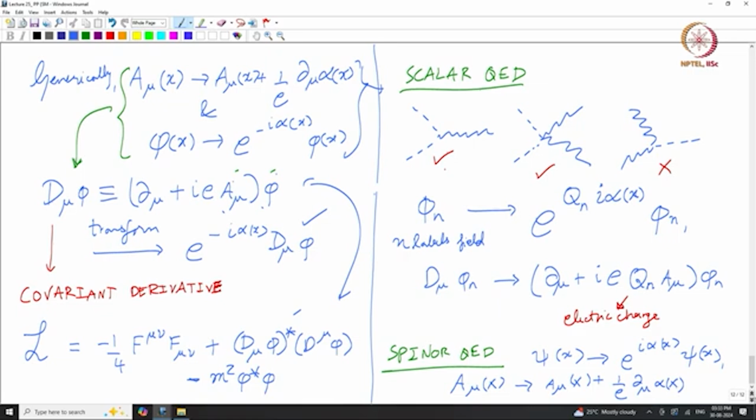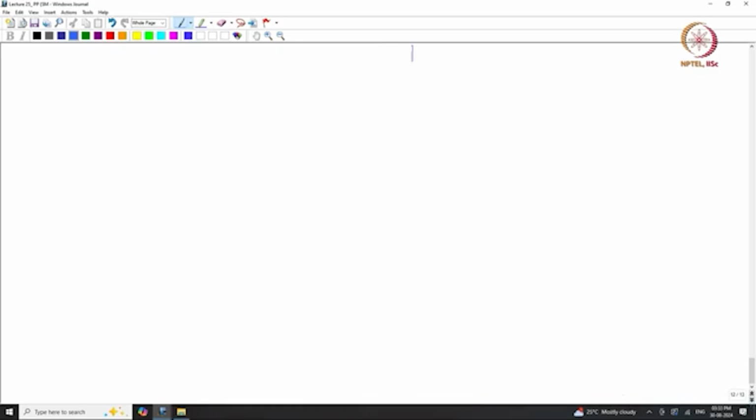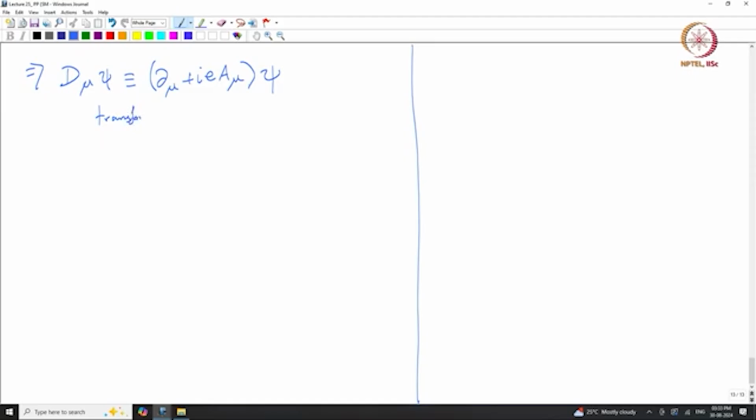Okay. Then how do I construct the covariant derivative? This is now my covariant derivative, in exact analogy with scalar QED. That is my covariant derivative, which under the gauge transform would go to e to the power minus alpha of x times the covariant derivative, yet another gauge transformation, yet another rephasing, right.